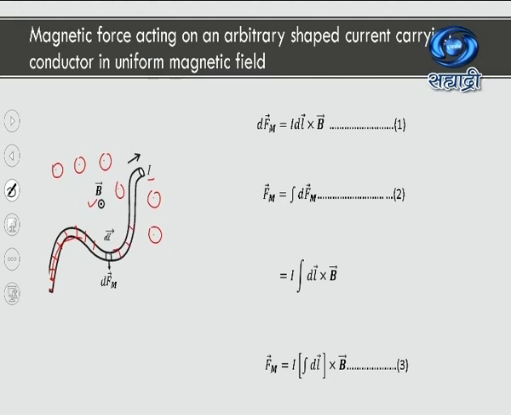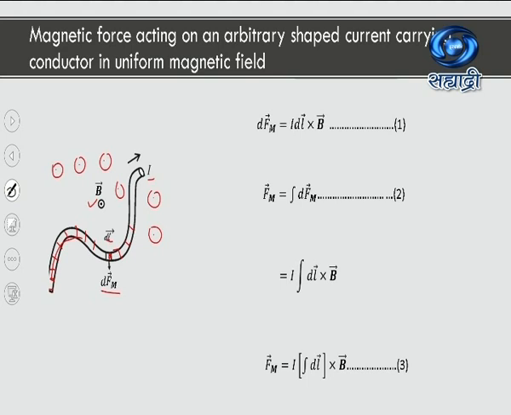Of all these lengths, I'm going to select this one whose length is dl. Don't you think this small length dl carrying current I will produce a magnetic force that must be very small? Therefore, I'm going to denote it by dFm, the small magnetic force.